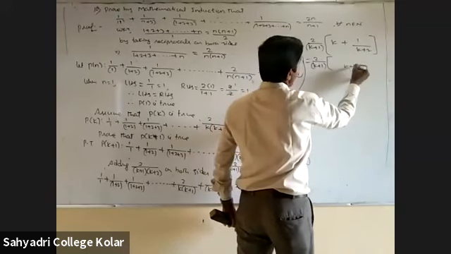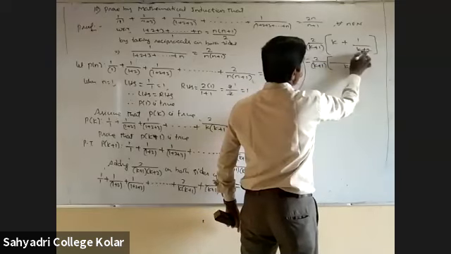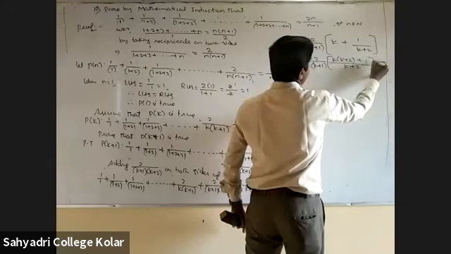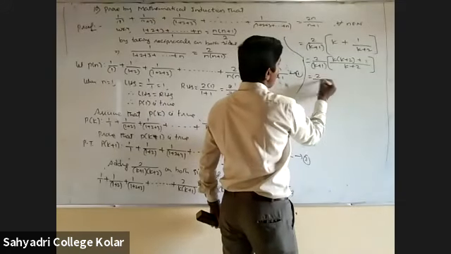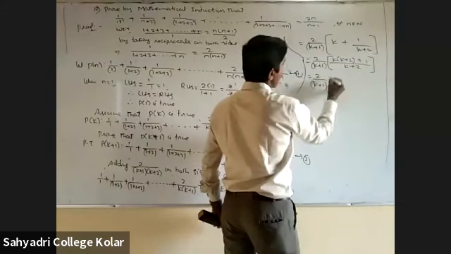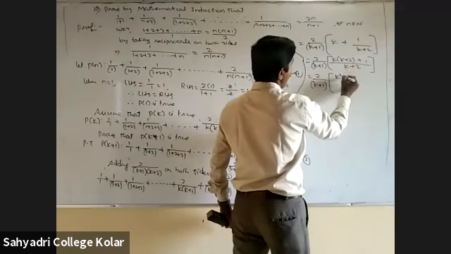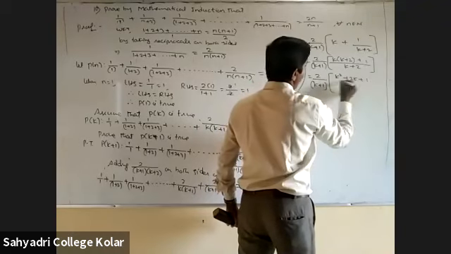Then LCM is k plus 2. So 2 by (k plus 1) multiplied by (k into (k plus 2) plus 1), that is (k square plus 2k plus 1) divided by (k plus 2).